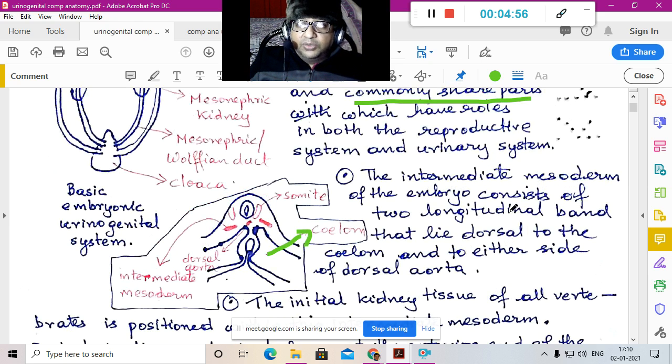So what is the intermediate mesoderm? It consists of two longitudinal bands which form on either side, lying dorsal to the coelom. Dorsal means on the top of the coelom, and to either side of the dorsal aorta.